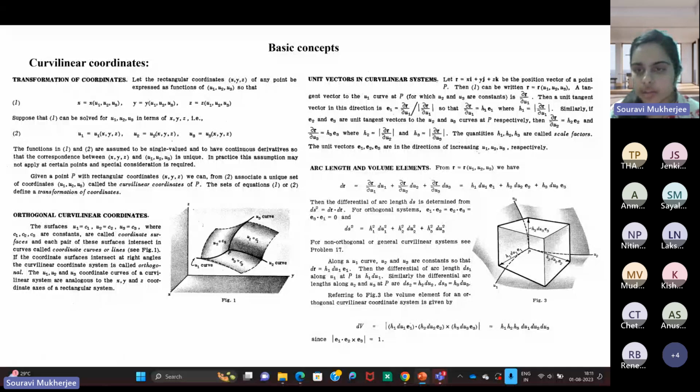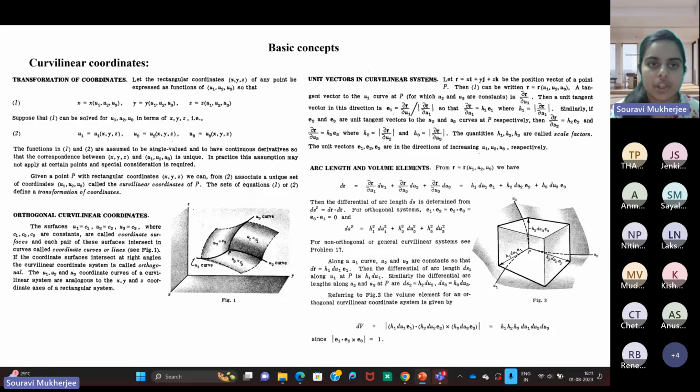In cylindrical coordinates, x is equal to r cos theta, y is equal to r sin theta, and z is equal to z. So you can write x in terms of r and theta, and y in terms of r and theta. You can also write z in terms of r, theta, and z, but it's independent of r and theta, so you can say it's not a function of them; it's like the coefficient in front of r is 0.